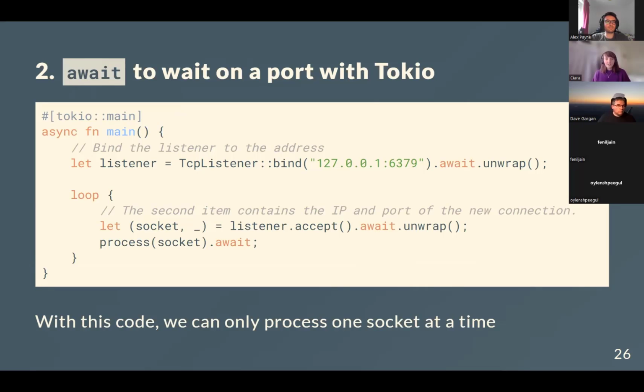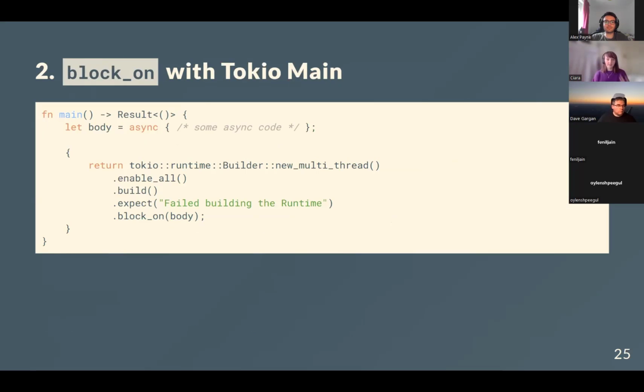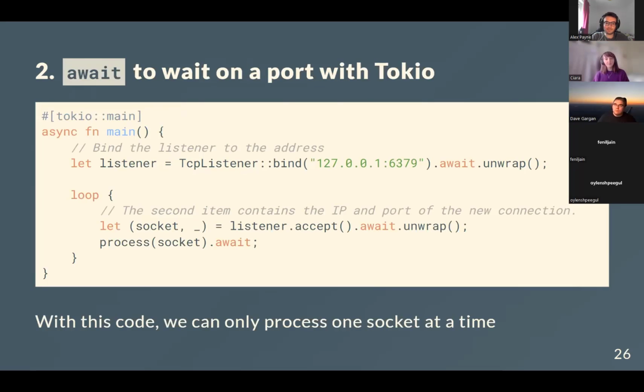The await keyword is that thing we mentioned that yields back to that top level executor, which is inside this Tokio runtime. So in this case, we've got a TCP listener, we're binding to a particular port, and then we're awaiting on it because we can't do anything until that's completed. This is at the top level, so there isn't actually anything else that would need to be interspersed with it, but later on in our code, there could be.